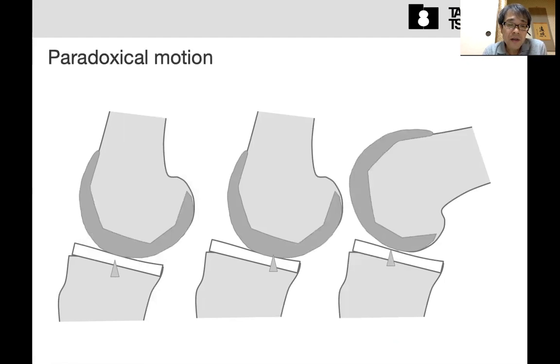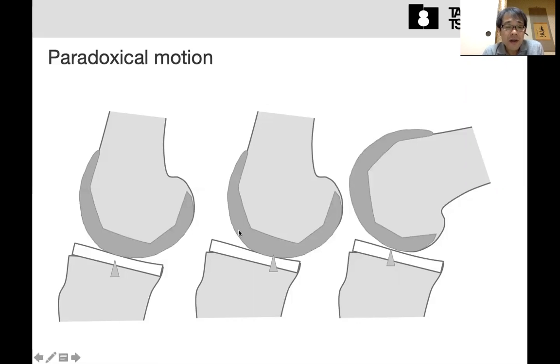In other words, in early flexion, the femur slides anteriorly, then rolls back. In a normal knee or most PS knees, the contact point moves posteriorly continuously. During this paradoxical motion and translation, the patient will feel instability and discomfort that can cause dissatisfaction after TKA.